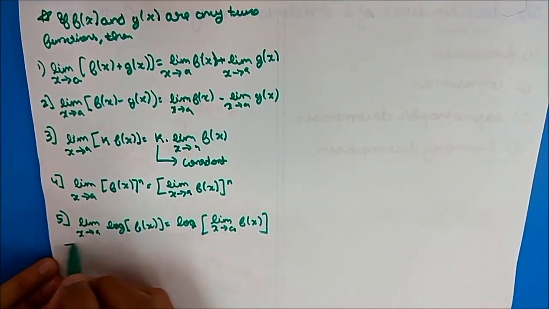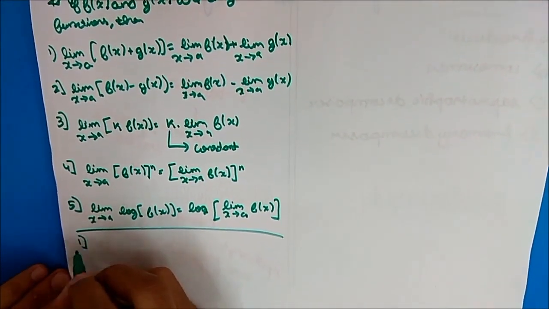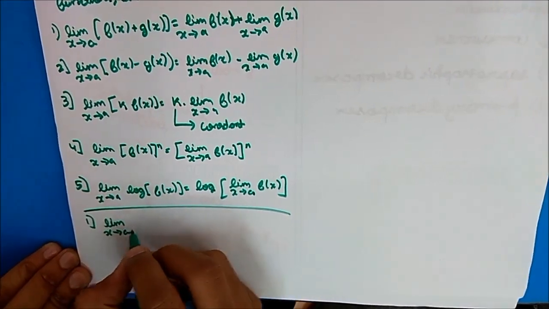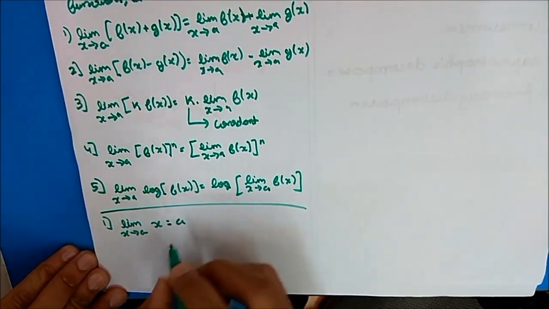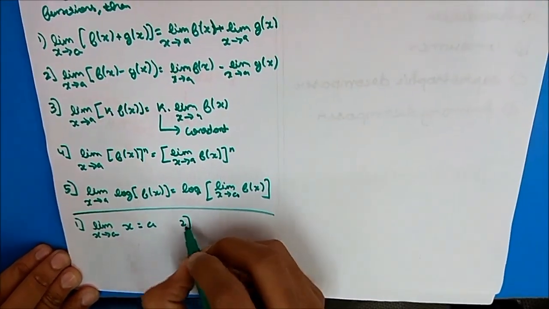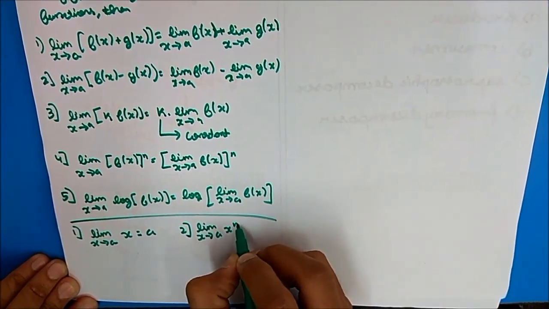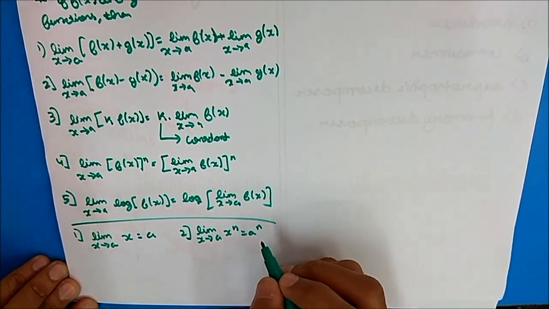Limits of some algebraic functions are also as follows. Limit x tends to a of x is a. Limit x tends to a of x raised to n is a raised to n.